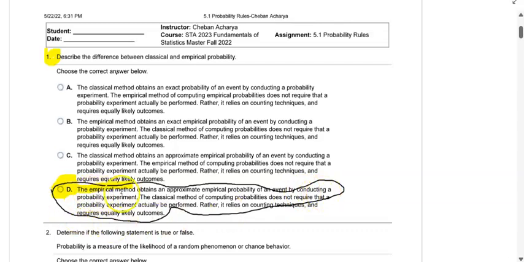To find the empirical probability, you have to conduct a probability experiment, but classical probability does not require an experiment. Classical probability is in fact based on the counting technique, and it requires equally likely outcomes.